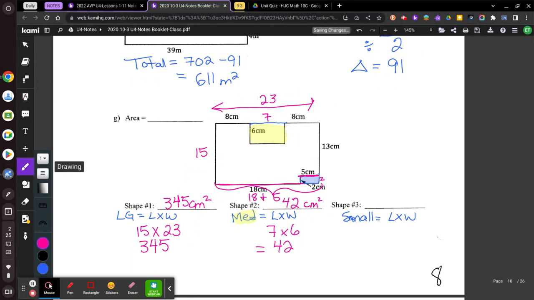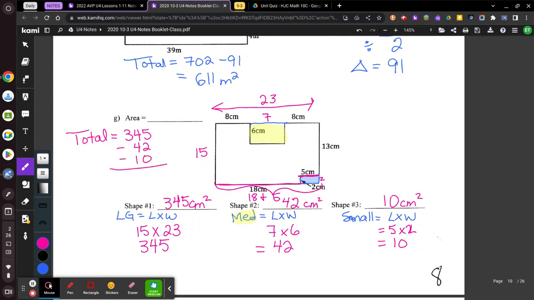So my length and width for that guy is a 5 times 2, which is going to give me 10. So 10 centimeters squared. So my total on this one is going to be the large object subtract the 2 smaller objects. So it's going to be 345, subtract 42, and subtract 10. And that's going to give us 293.